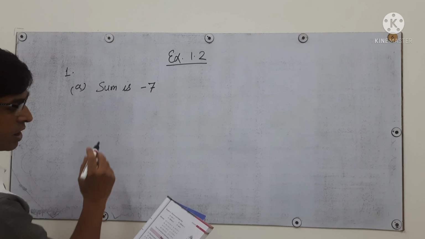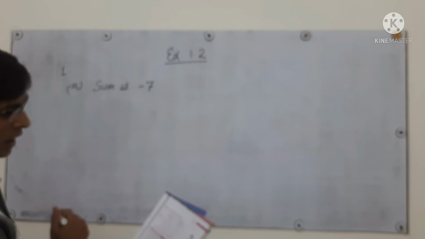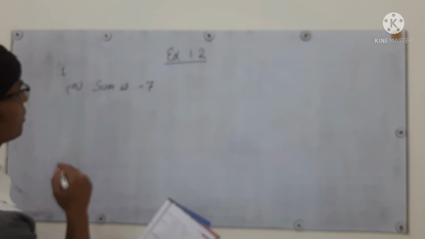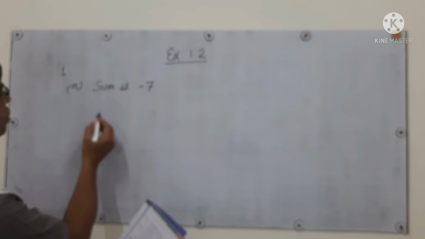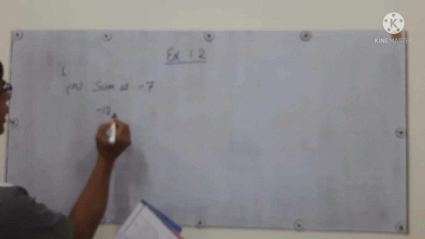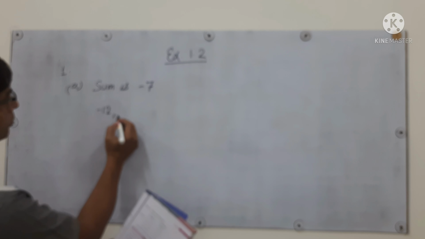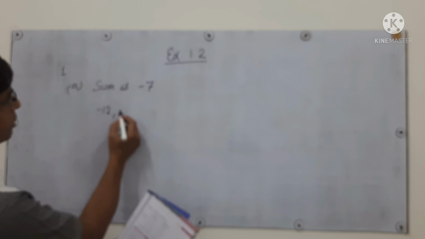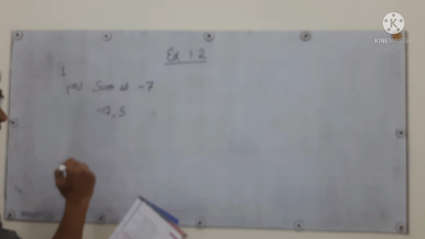-7. It's very easy, we just have to find two integers whose sum is -7. We can take any two integers. Let one integer be -12 and the other be 5.